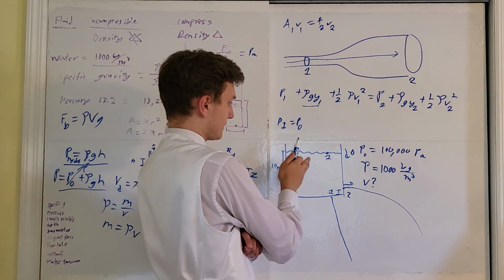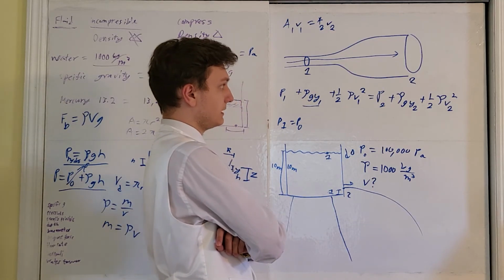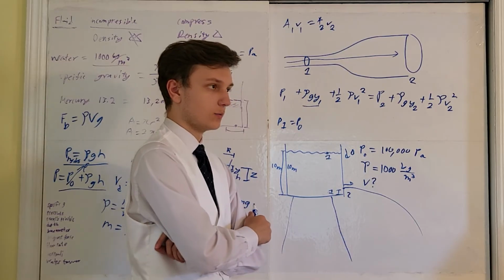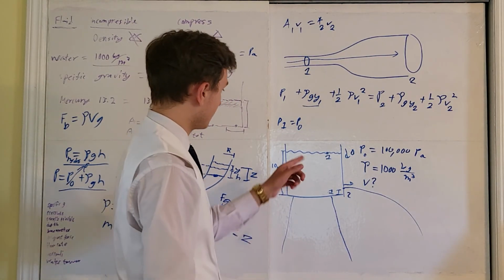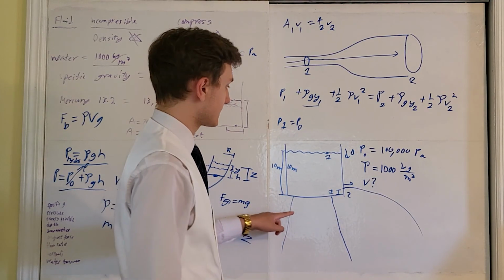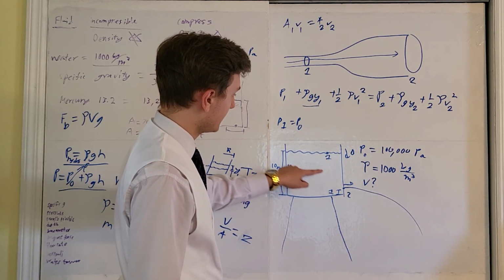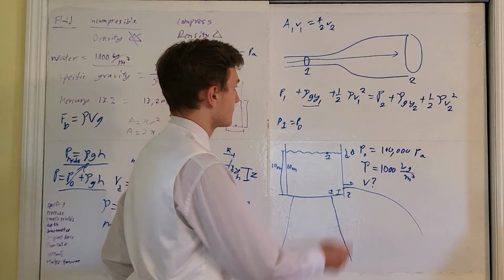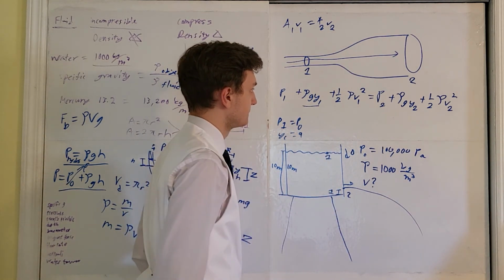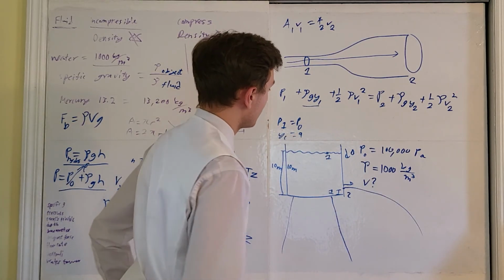Y1. Well, we know the height of the water here, but it would be useful for us, as we do in our other physics classes, to redefine our scale. If this is at height 10 and this is at height 1, we can redefine the scale to say that this is at height 0 and this is at height 9. So our y1 is going to be 9. 1/2 rho V1 squared.